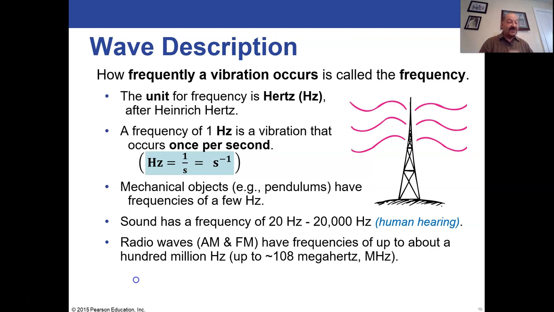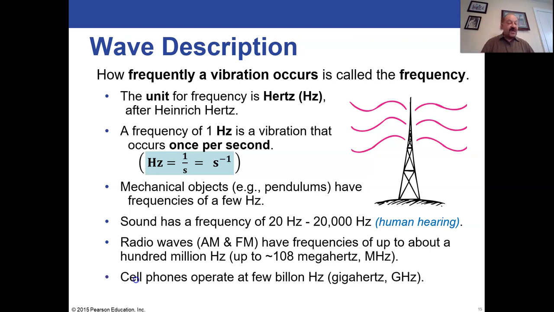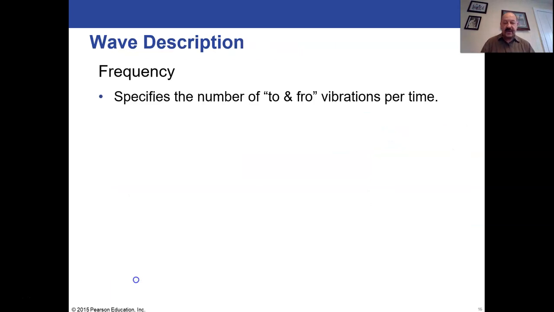They get much, much higher frequency than this. Cell phones have an even higher frequency. They tend to be in the gigahertz. That's billions of hertz. Giga means billion. So cell phones, and sometimes you'll see this in computer chips that are processing in the gigahertz range.